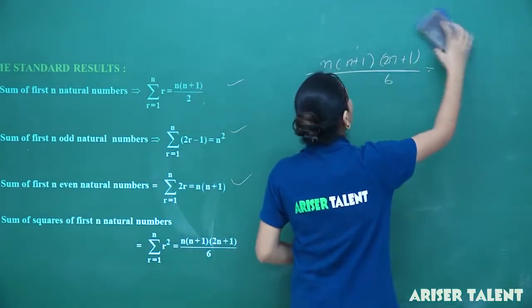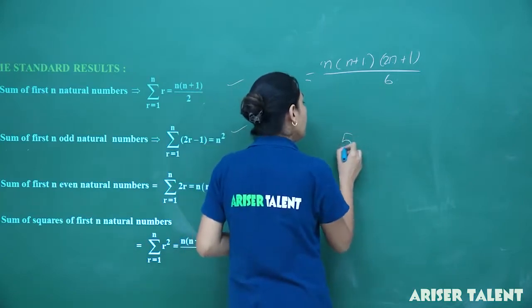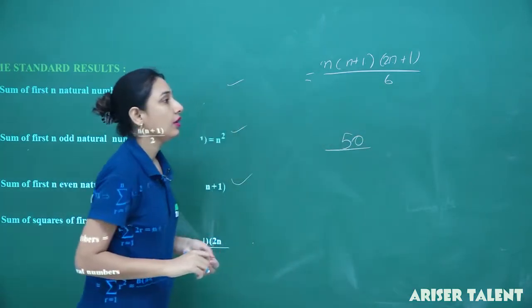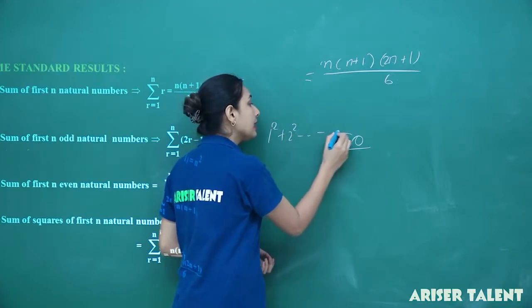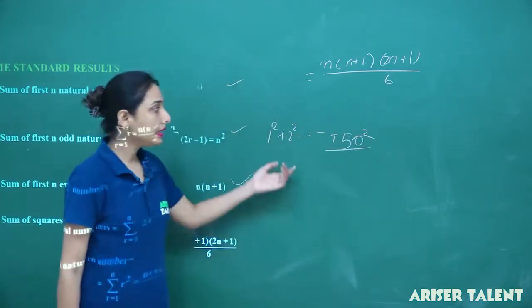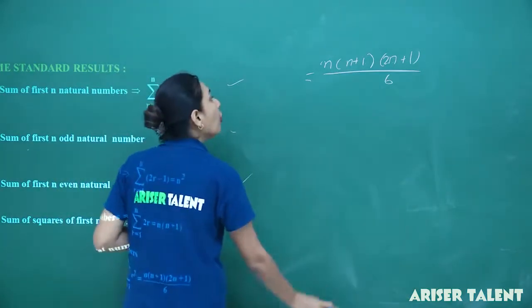Now, if I am not talking about these, I am talking about 50. Have the sum from 1 square plus 2 square till 50 square. In this case, what will you do? You will simply apply the formula here.